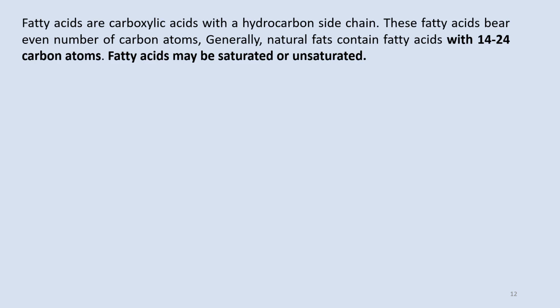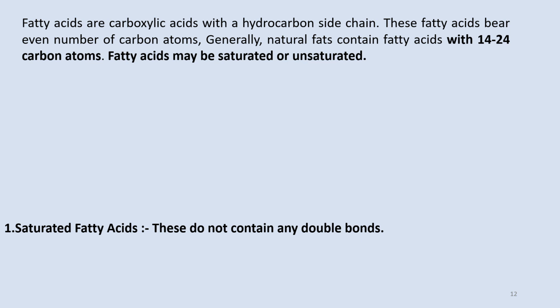Fatty acids are carboxylic acids with a hydrocarbon side chain. These fatty acids bear an even number of carbon atoms. Generally, natural fatty acids contain 14 to 24 carbon atoms. Fatty acids may be saturated or unsaturated.